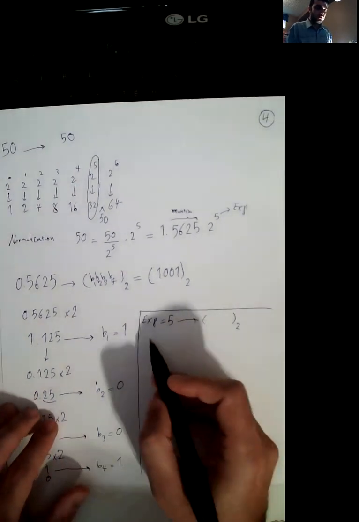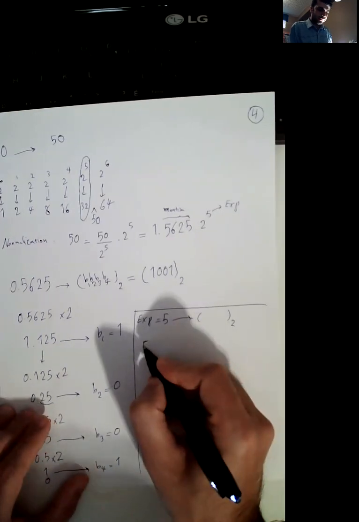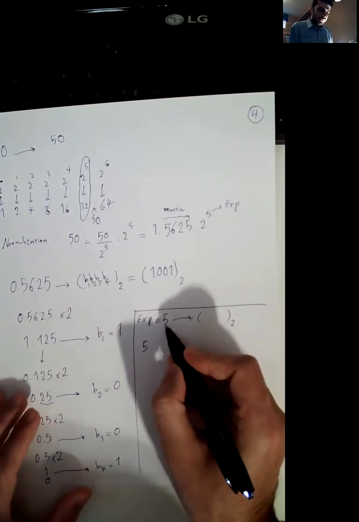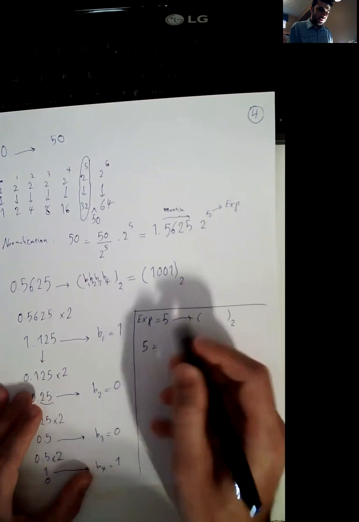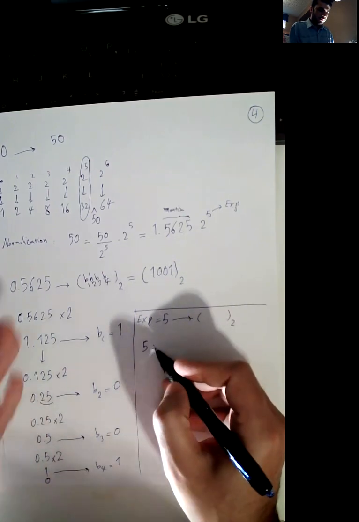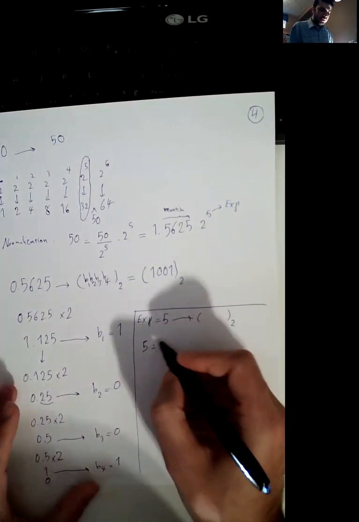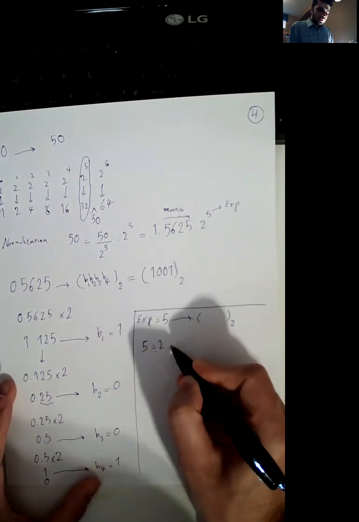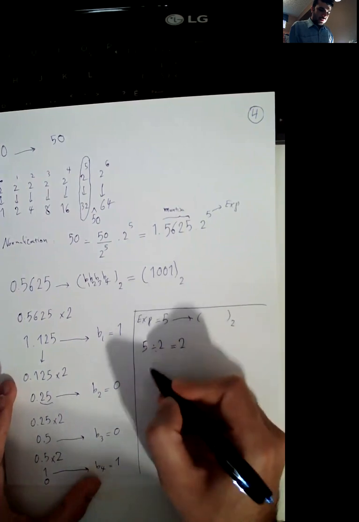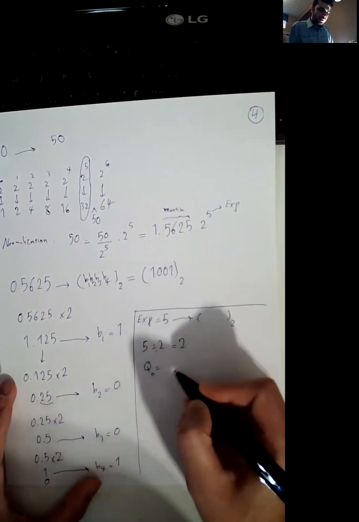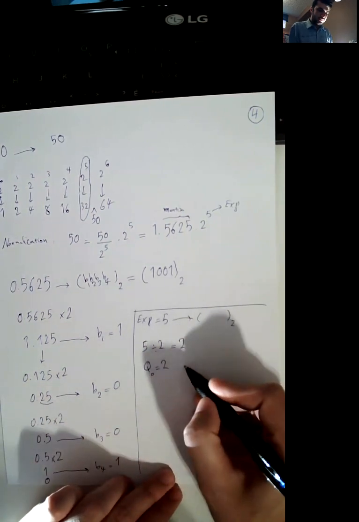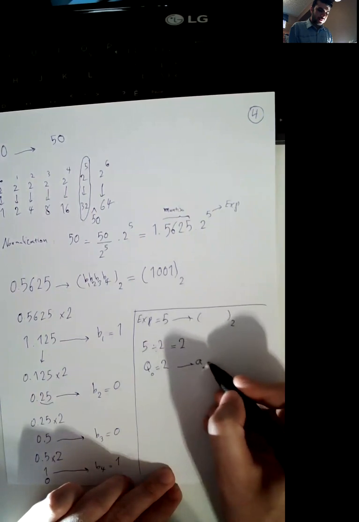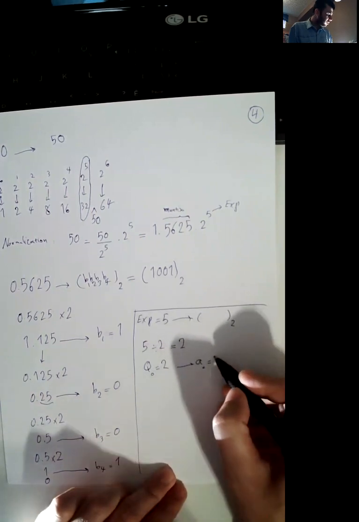In order to convert 5, because 5 is an integer, the integer part, instead of multiplying by 2, we divide it by the base 2. The quotient is 2, and the first remainder is 1.